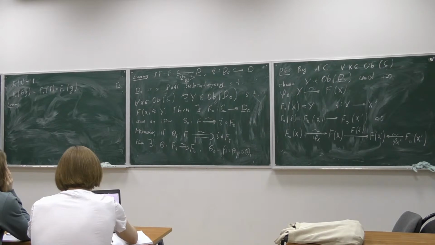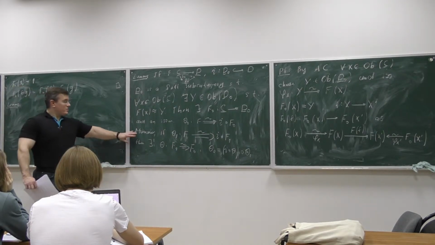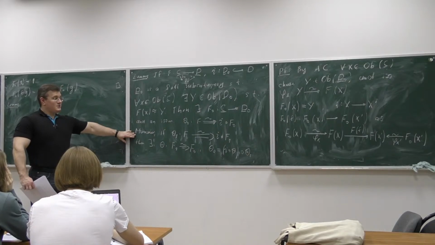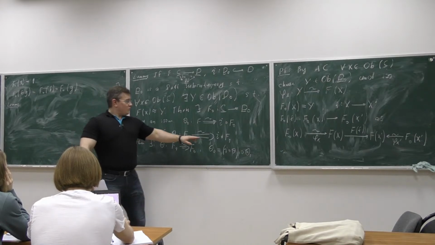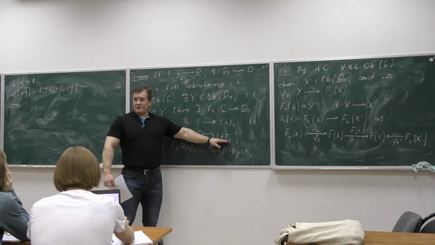So what about f0 and f1? Like, do we construct them or what else? Well, this moreover part, as I was saying, this is a trivial part, because suppose you want to get another functor f1.